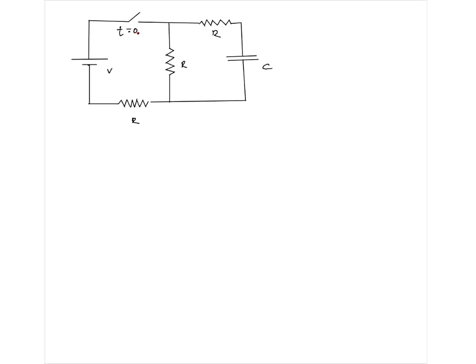Then what is the charge at some time t? What is the current through the middle resistor at time t? Well, it looks like a similar type of problem to what we discussed. I think we discussed possibly a more difficult one.